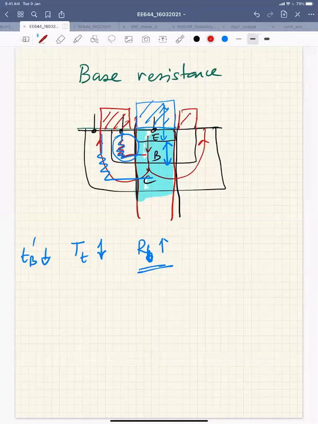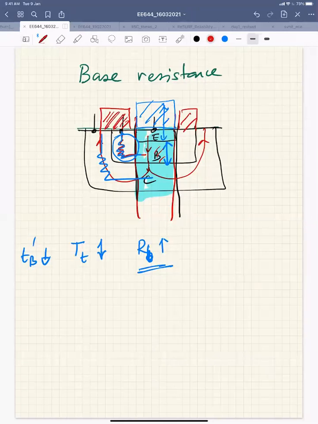What is done is your intrinsic base thickness is reducing, but you do not want your extrinsic part of the transistor to have reduced base thickness, because then your base resistance will increase. So that is avoided by depositing a polysilicon base.